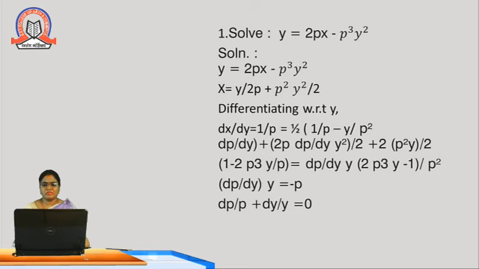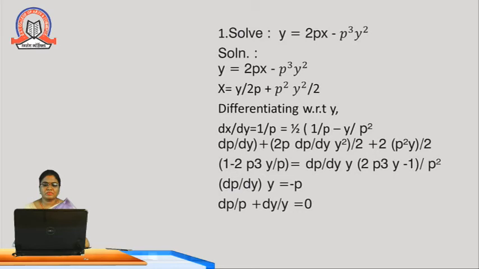Solve y equal to 2px minus p cube y square. Taking x one side, here only one x is there in the question, so we can solve using solvable by x. x equal to y by 2p plus p square y square by 2.